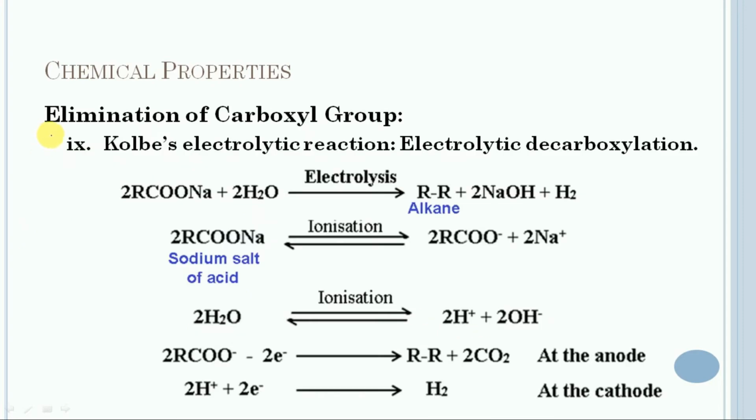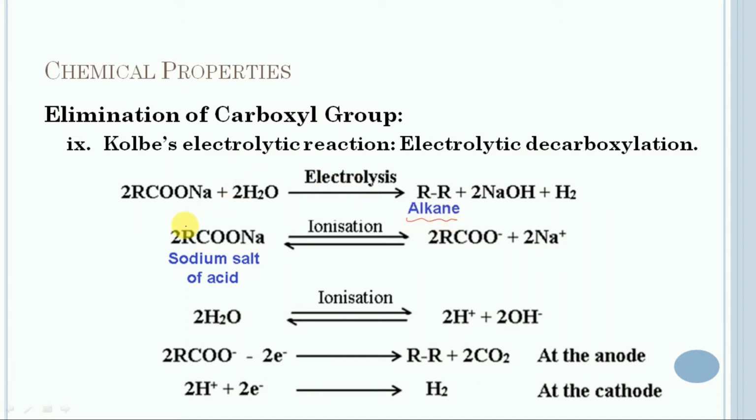Next is the Kolbe's electrolytic reaction. In this case, alkali salt of carboxylic acid undergo electrolysis to get the decarboxylation, and in this case the final product, that is hydrocarbon, will get formed.